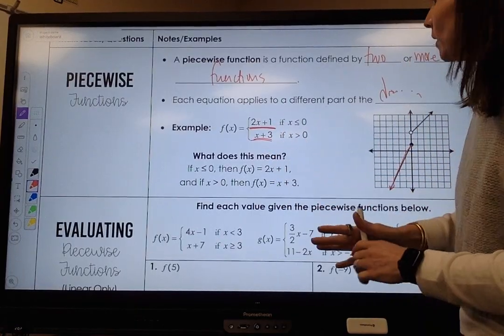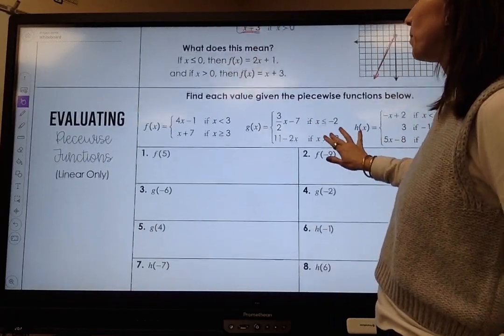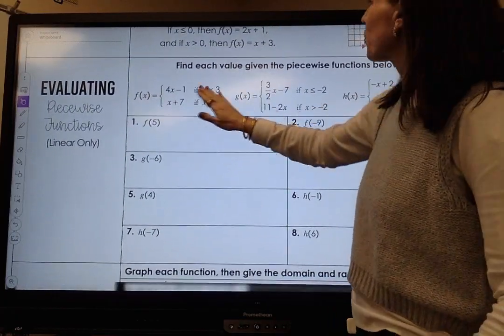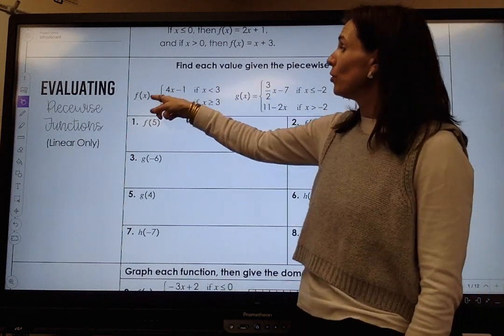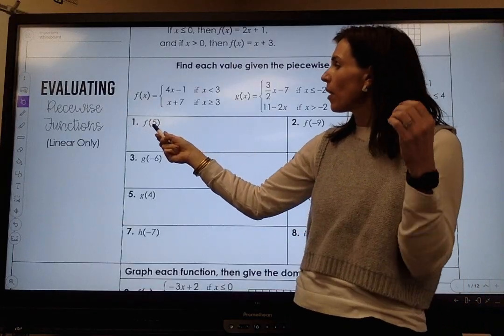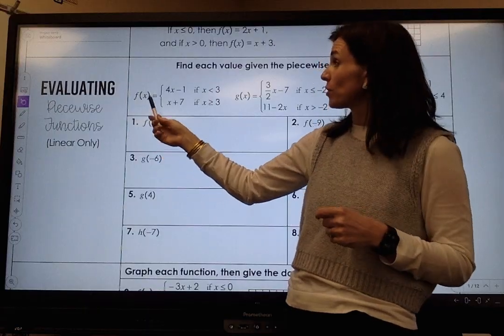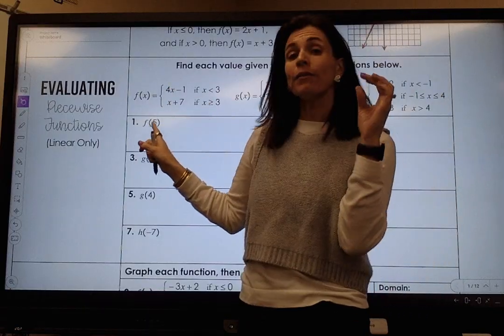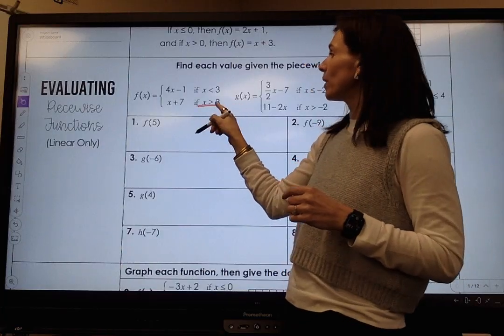Now, when you look at evaluating piecewise functions, you've got 3 different functions going on and 2 in each set of functions. So this one says, okay, find your output when your input is 5 of the f function. So I've got to go here. If the input is 5, that means it's greater than or equal to 3.